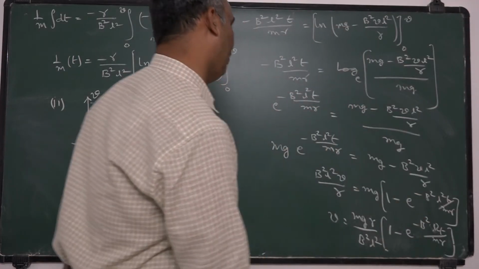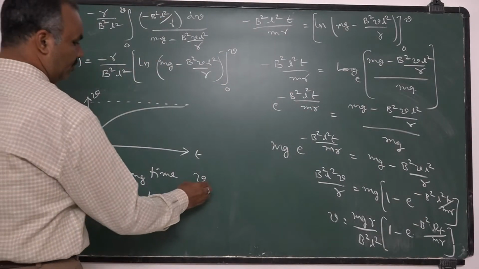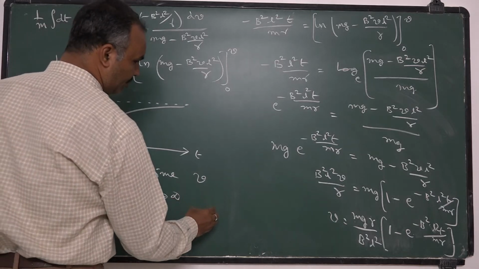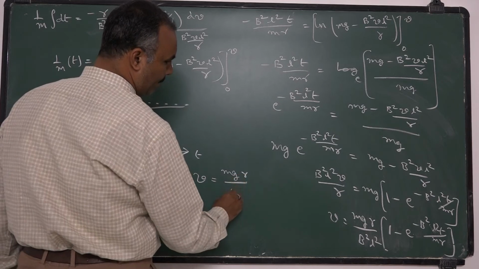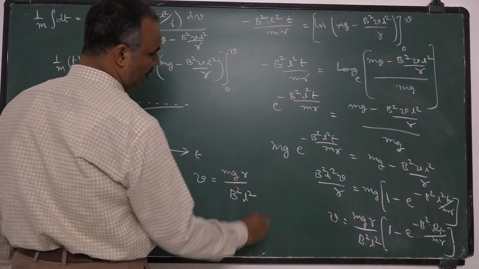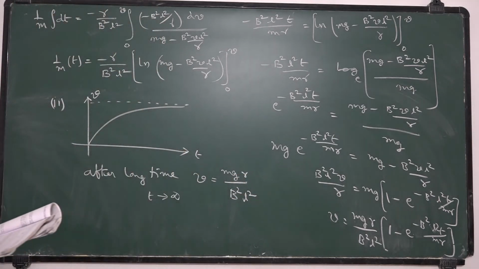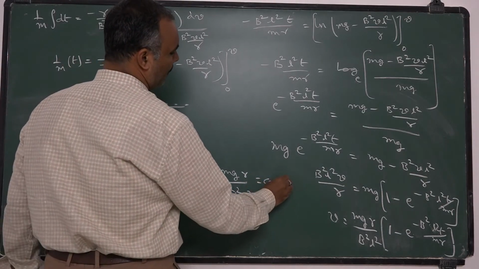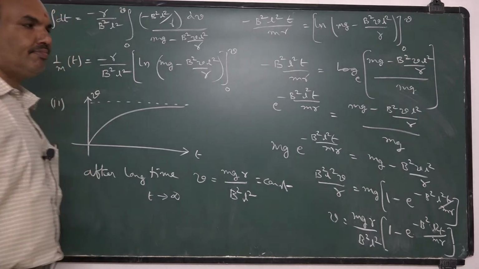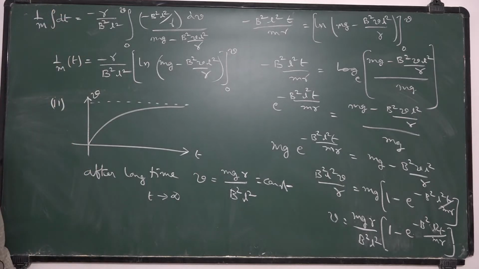So the maximum velocity, or constant velocity observed, is mgr by b square l square. Mgr by b square l square will be the constant velocity attained by the loop after a long time. So this is the solution for the given question.